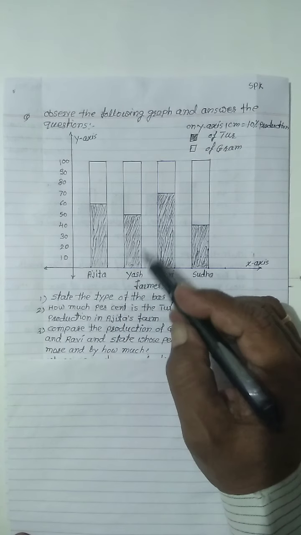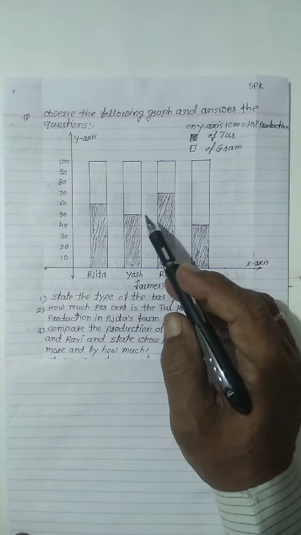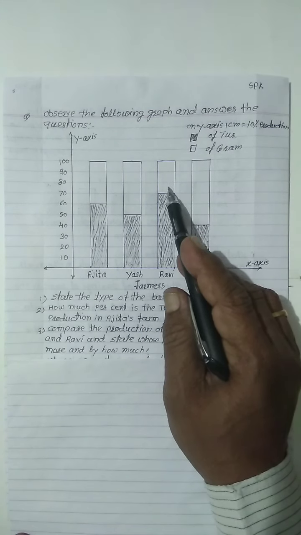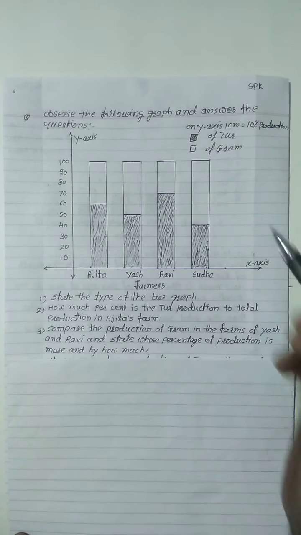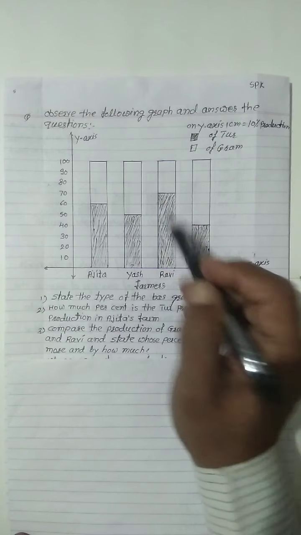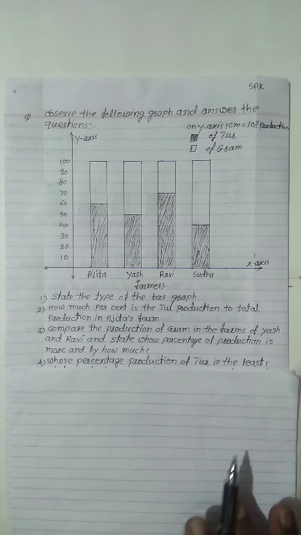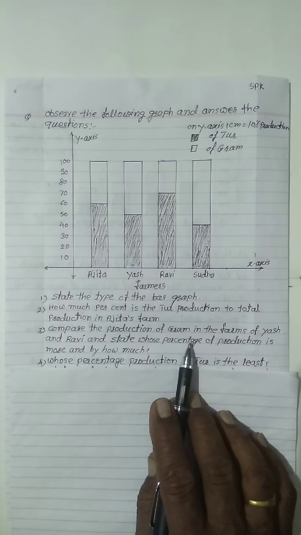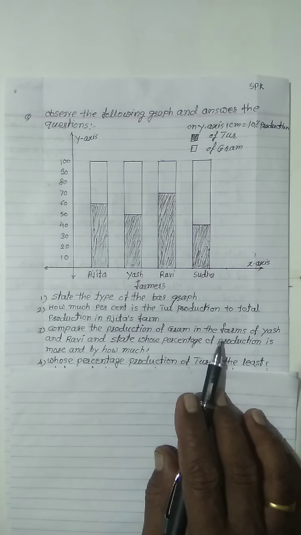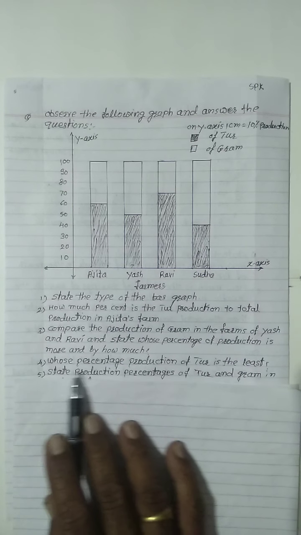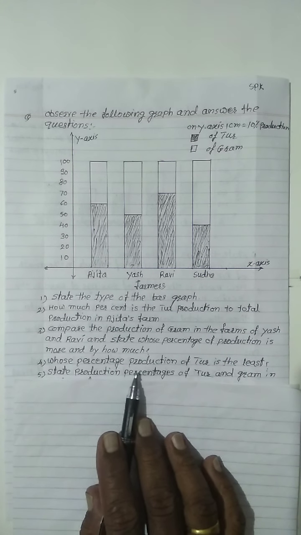It means the percentage of gram in Yash's farm is 50%, and here it is only 30%. In Ravi's farm it is 30%. The difference of 50 and 30 is 20. So the production of gram in the farm of Yash is more than Ravi's by 20%.